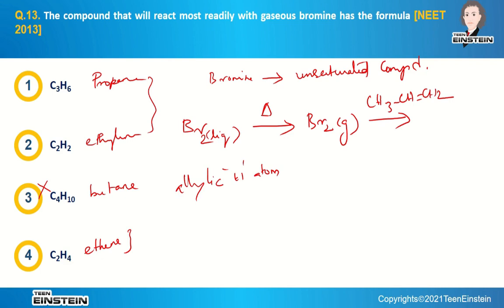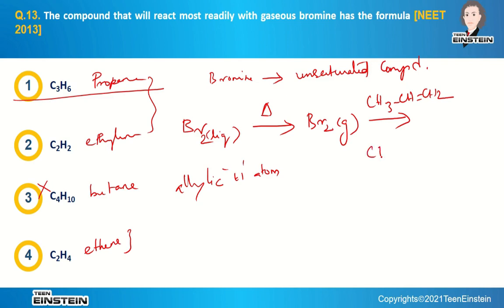In the given four options, propene is the first option. Propene is having allylic hydrogen. At high temperature, bromine will form bromine free radical, and allylic substitution will take place.